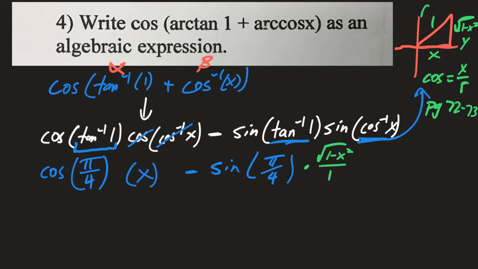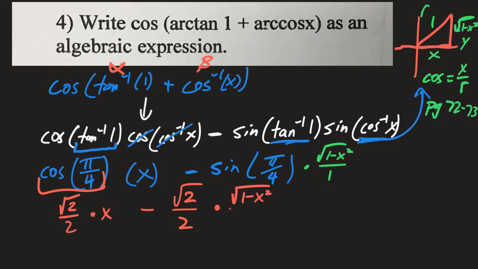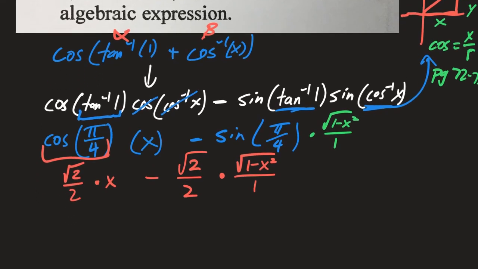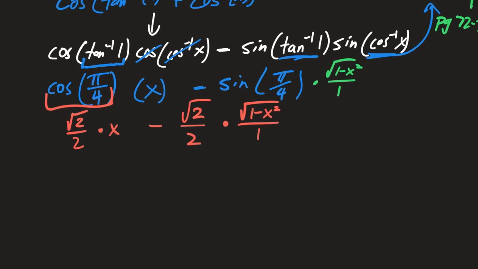Okay, and so now we can go ahead and simplify this down even further, and cosine of pi over 4 from the unit circle, root 2 over 2. I've got that x with it, minus root 2 over 2, that's my sine of pi over 4, and finally bringing down that last piece, square root 1 minus x squared over 1. Let's keep simplifying this further.